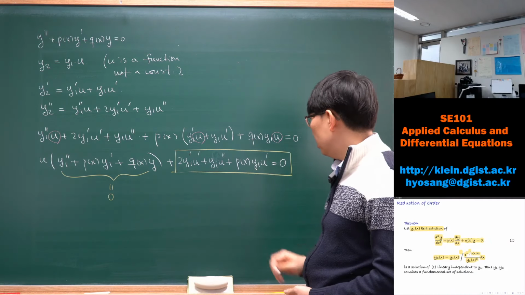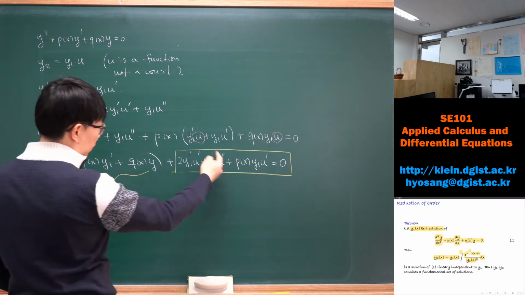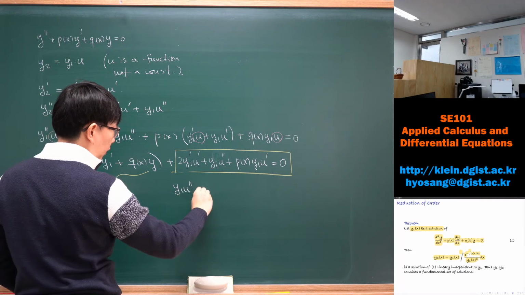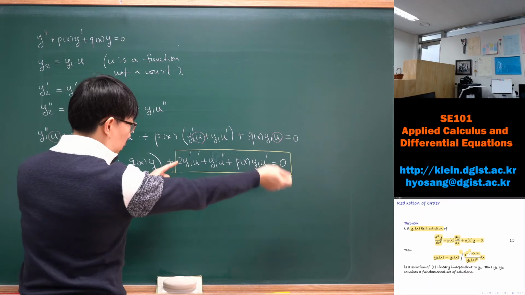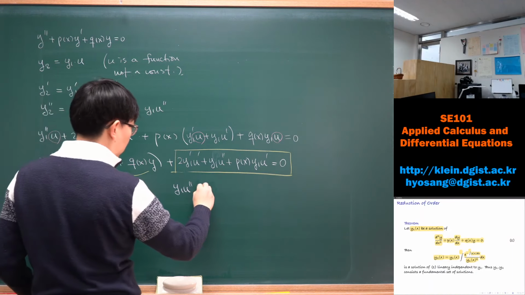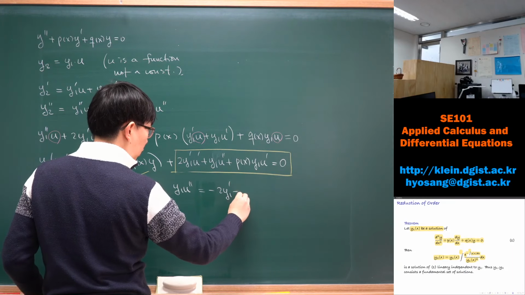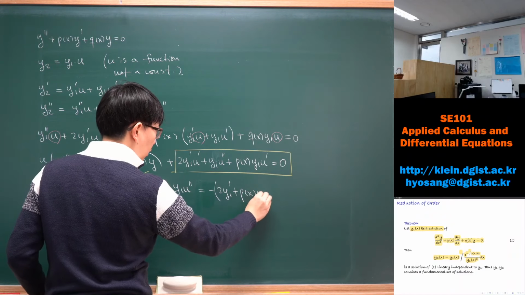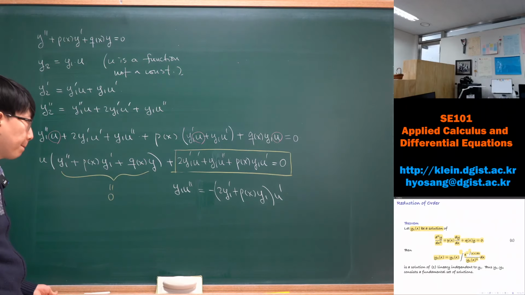So let's combine the u' terms. Let's put the y1u'' first, and then take the u' part to the right hand side. What we get is y1u'' = -(2y1' + p(x)y1)u'.